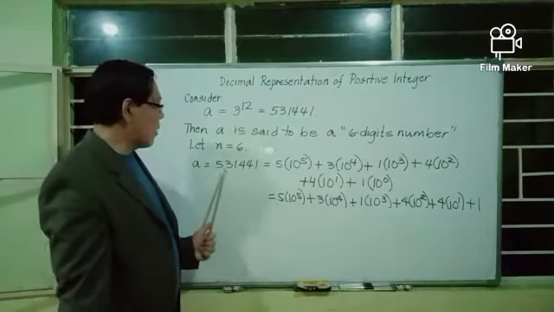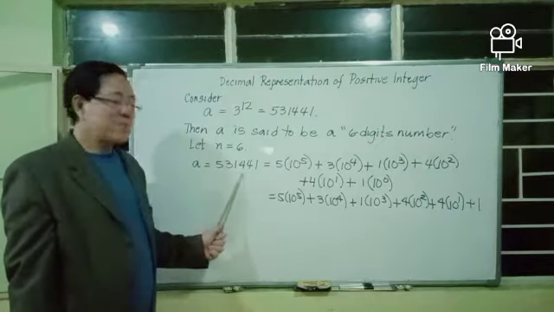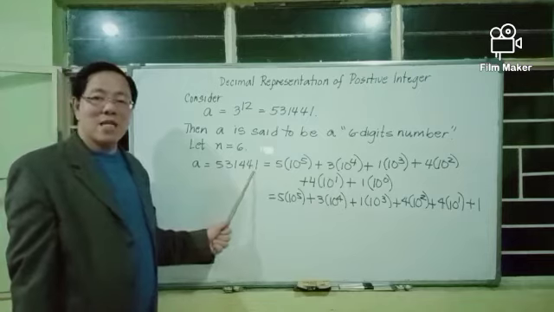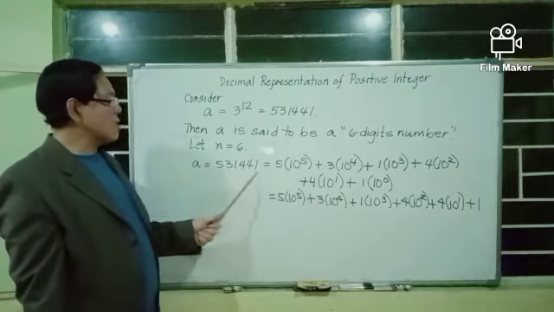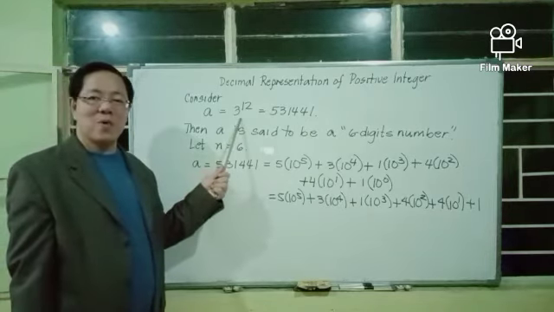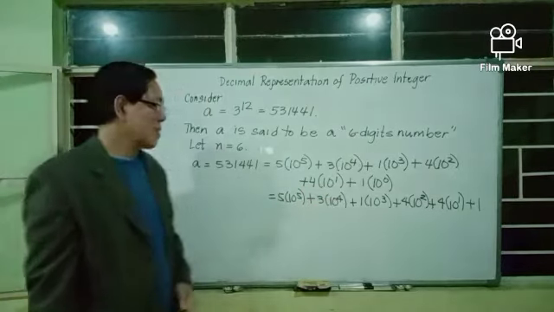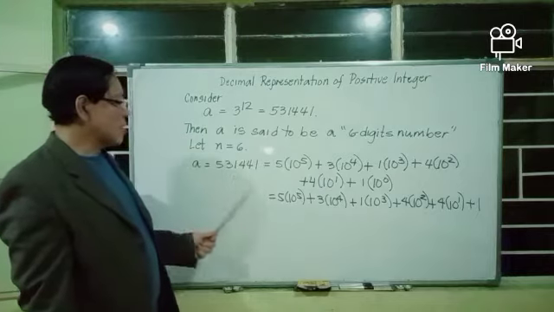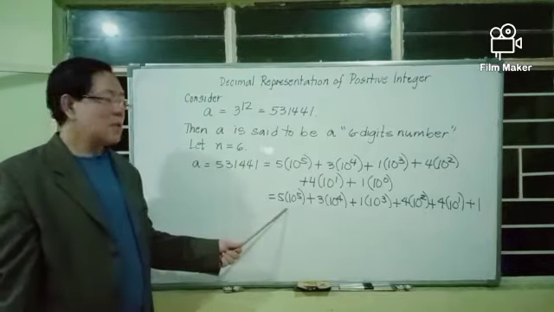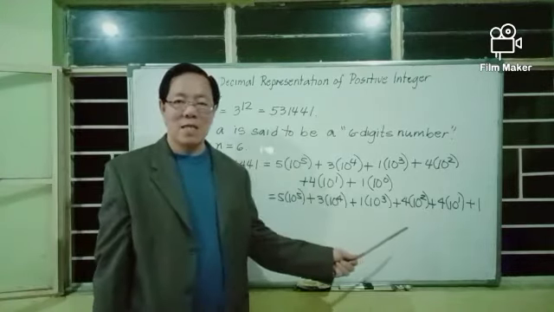And so this positive integer, which is called a decimal representation of the positive integer in this exponential form, is a 6 digits number. If you write this using base 10, there are 6 terms in the sum.